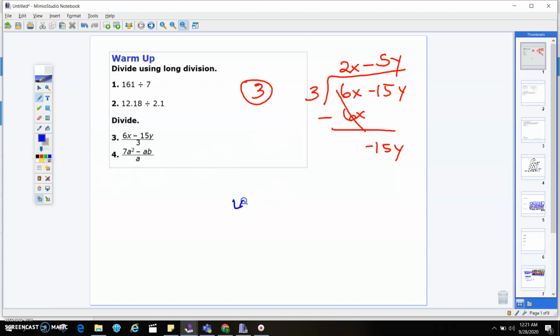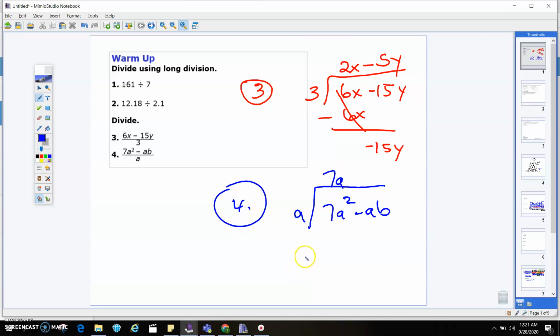Let's try number 4. So we've got 7a squared minus ab, and we're dividing by a. So we're going to ask ourselves, how many times does a go into 7a squared? Well, 7a times. So then I multiply, and I subtract, and I bring down this next term.